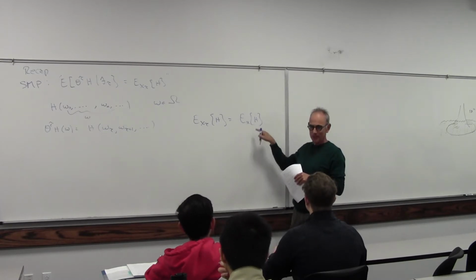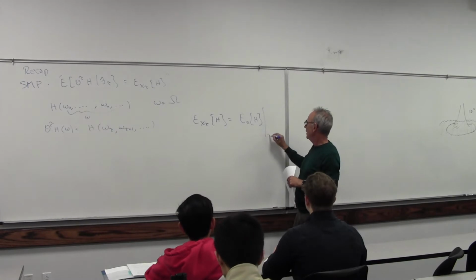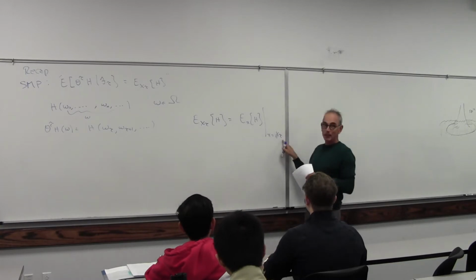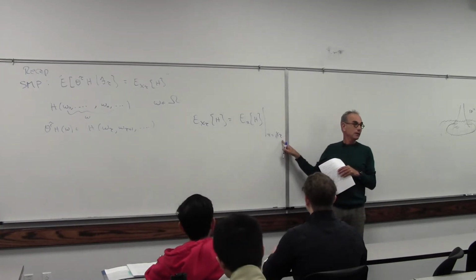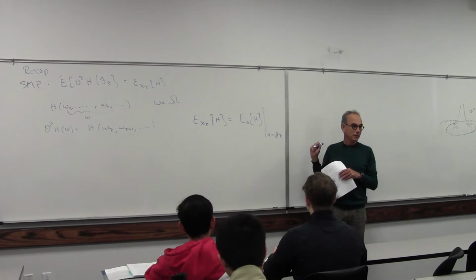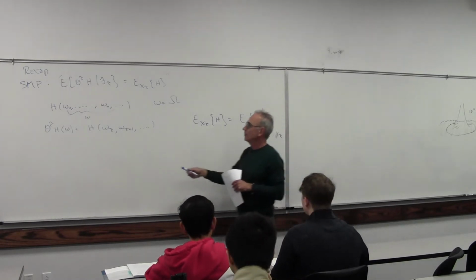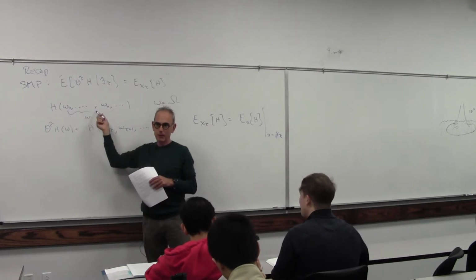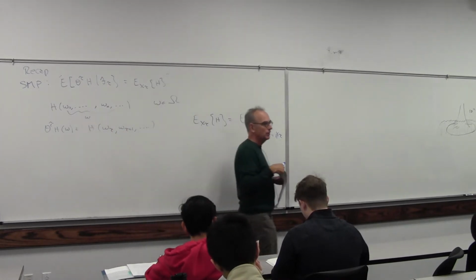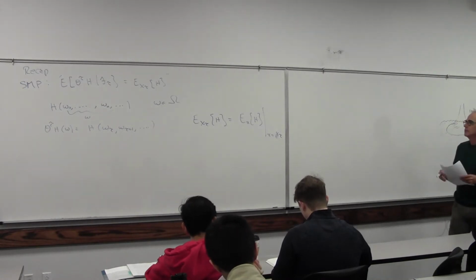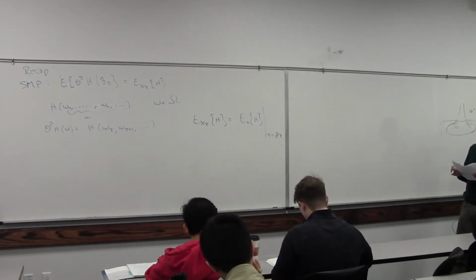I get a function on the state space, and then I evaluate it at x equals a random state, the state sampled at time tau. So there's two steps there. There's this mysterious expectation of a random variable, and then you do that for every initial condition, consider that a function of x and plug in x of tau. So there's two weird abstractions there, but it turns out to be really useful.